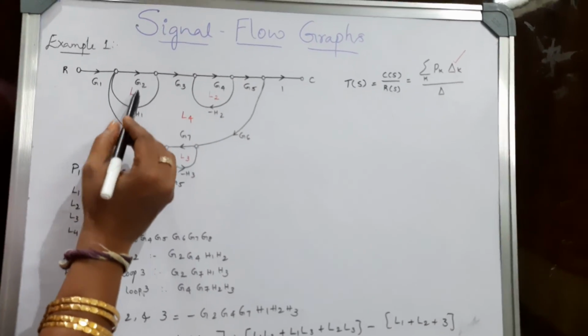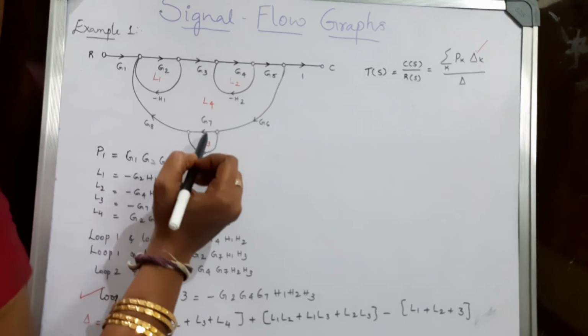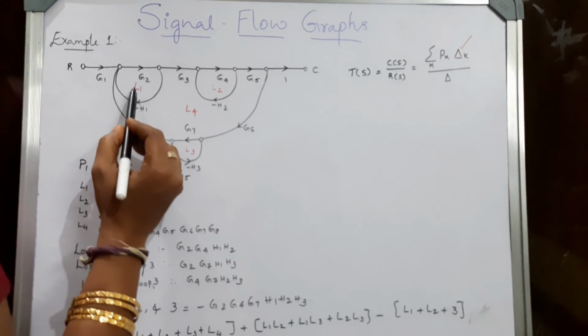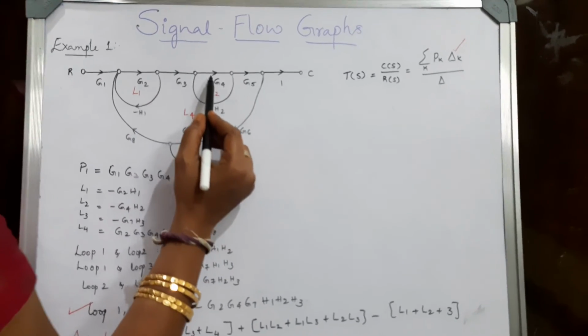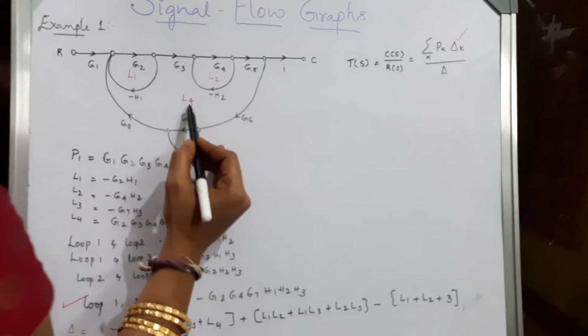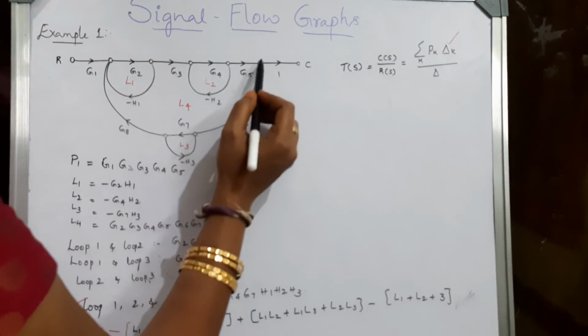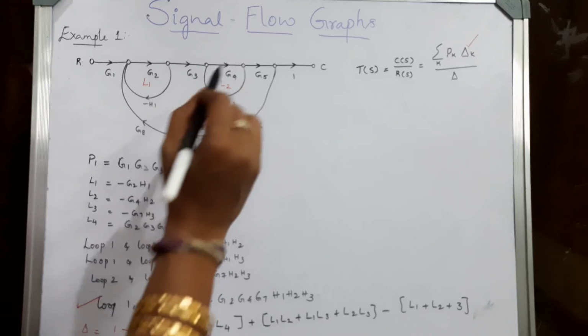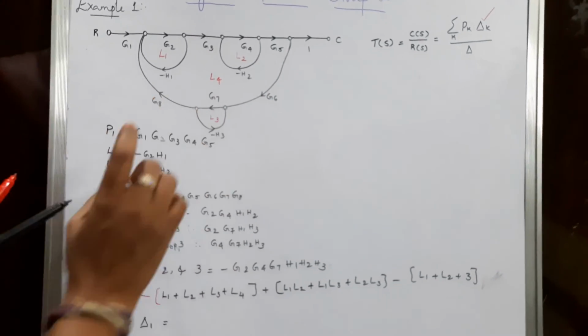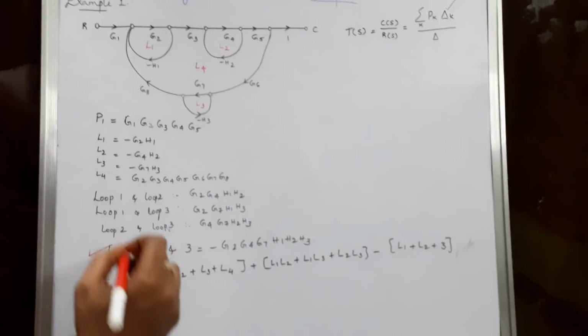So the loops are L1, L2, L3, L4. If I consider L1, this is touching this forward path. If I consider L2, it is also touching this path. If I consider L4, it is also touching, but I find here L3 to be not touching this. So I need to consider only L3 but not the other loops.